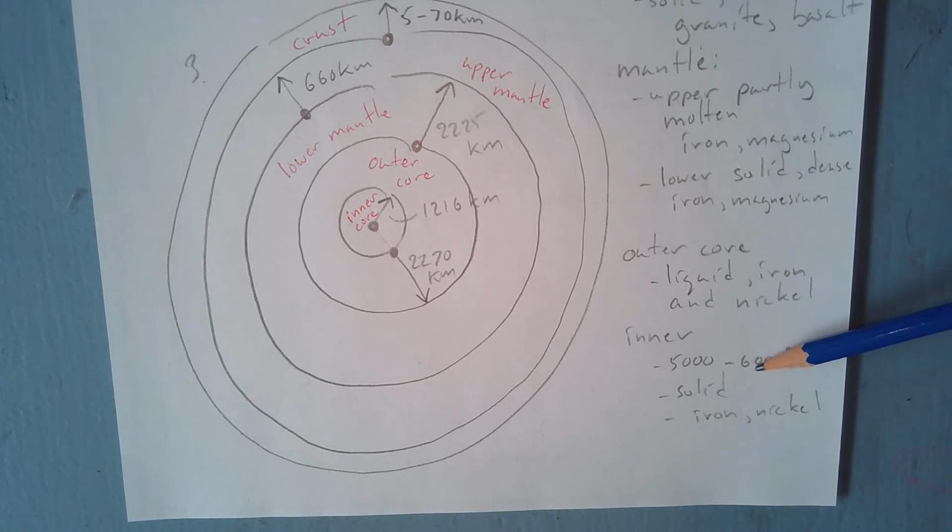This should melt the iron and the nickel, but it is in a solid state. What keeps everything solidified is the enormous amount of pressure at the inner core. Remember that pressure is defined as force divided by area. So all that pressure is keeping it in a solid state.